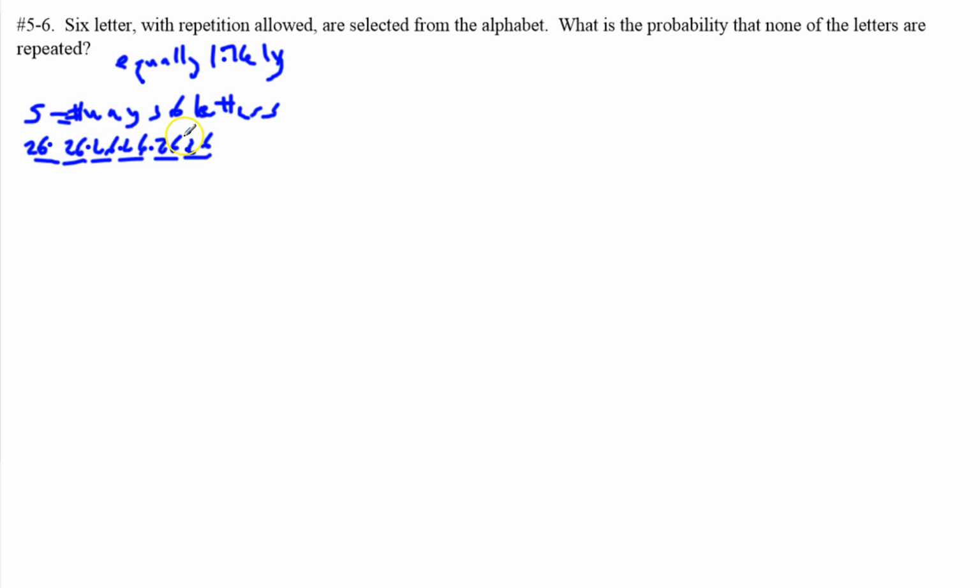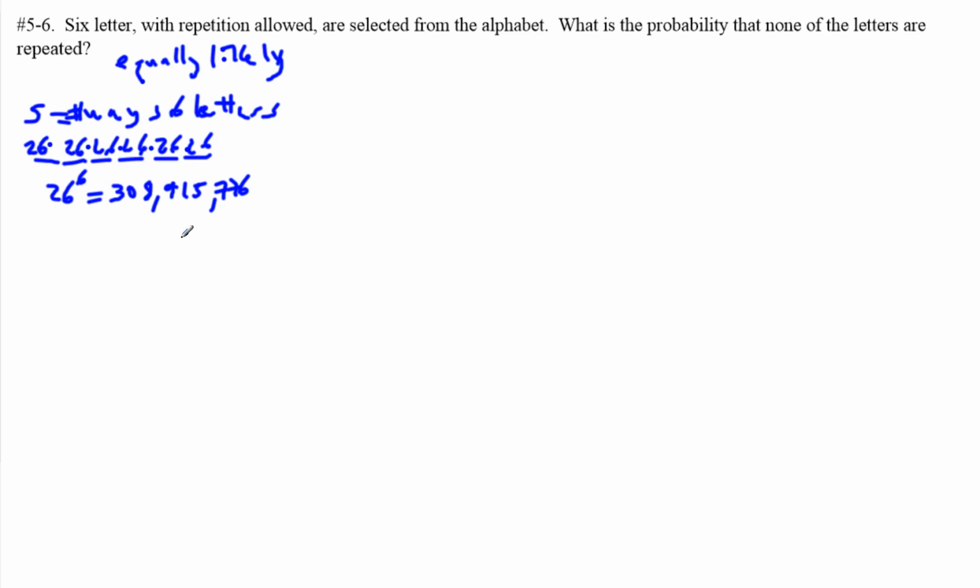So I have 26, and then 26 6 times. You could also write it this way, 26 to the 6th power. If you do that in a calculator, that turns out to be 308,915,776. So there are over 308 million ways to have 6-letter words if we're allowing repetition, right?